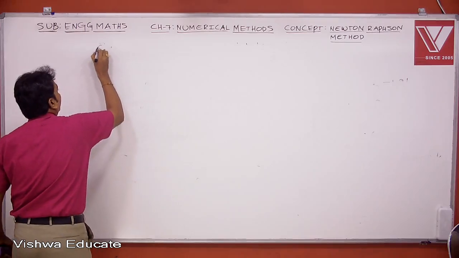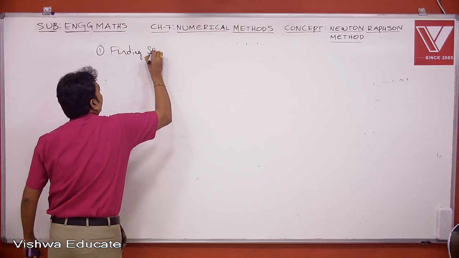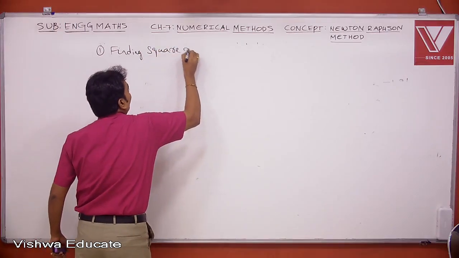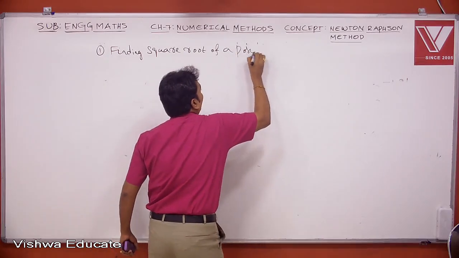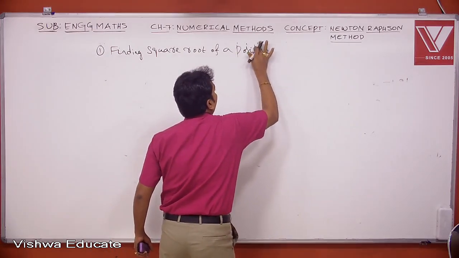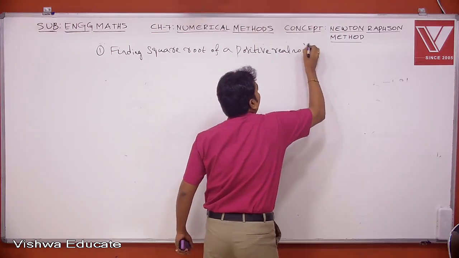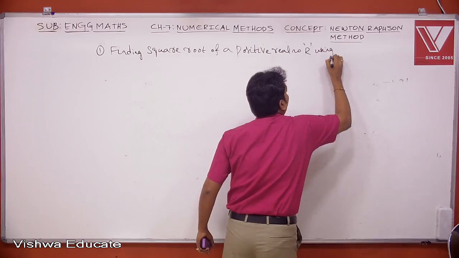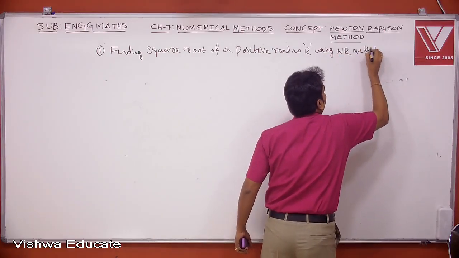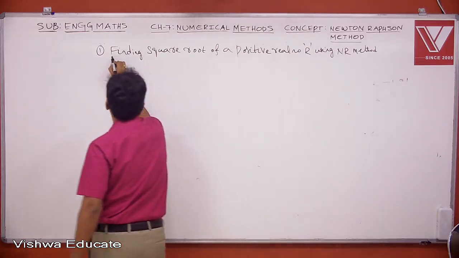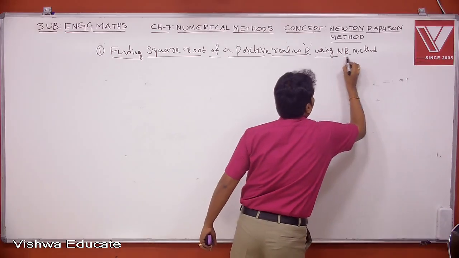The first one is finding the square root of a positive real number using the NR method. This is very, very important.